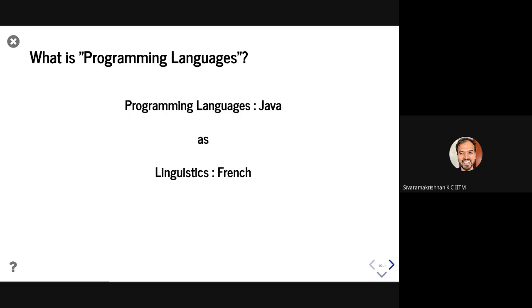So when I say we are going to study programming languages, you might ask, okay, which programming language, right? And here, again, we can use an analogy to say what we mean by programming languages as a field of study. Programming languages as a field of study is to Java in the same way as linguistics is to French, right?